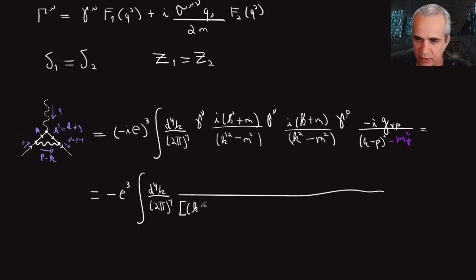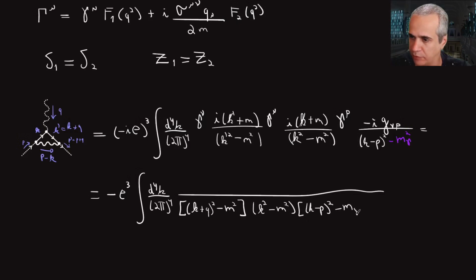It's k plus q squared minus m squared. This one, just k squared minus m squared. And this one is k minus p squared minus m gamma squared.